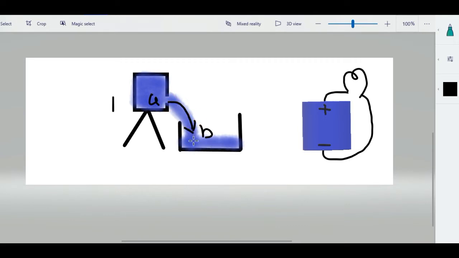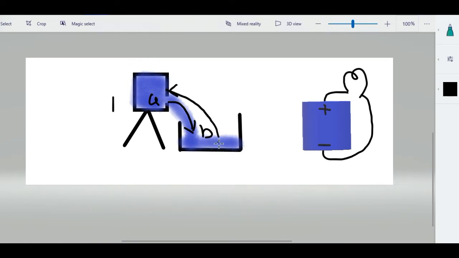But is it possible for this water to move by itself to the tank at a height? The answer is no. Why? What procedure do you generally follow to fill the tank kept on the roof? We use motors. When we switch on the water motor, it pushes the water from the lower level to the higher level.